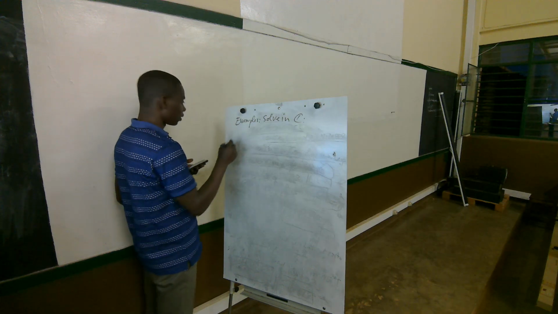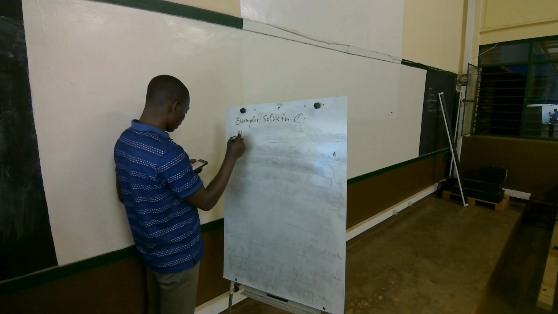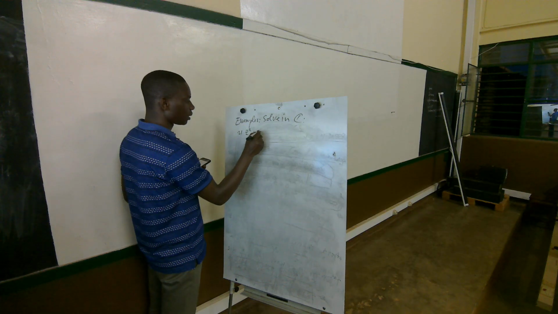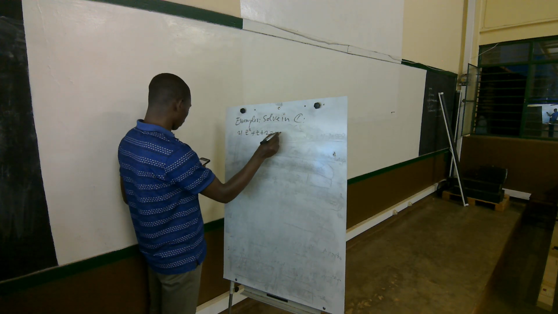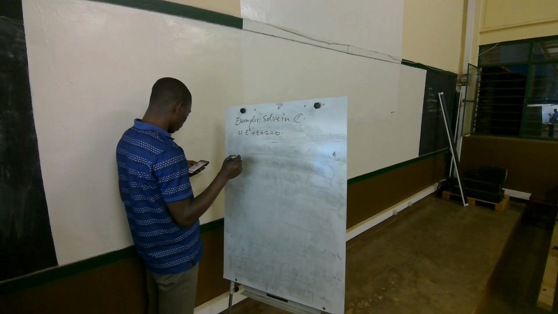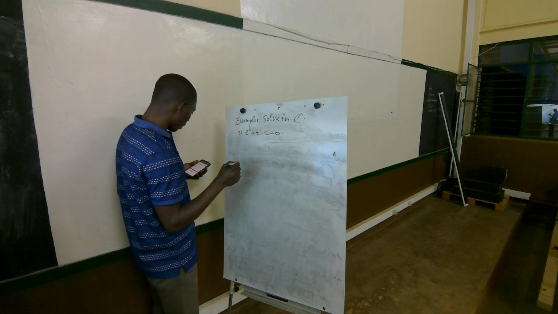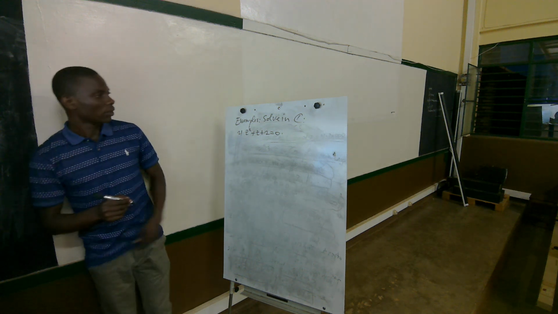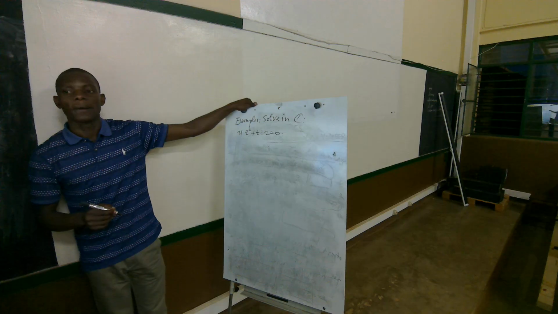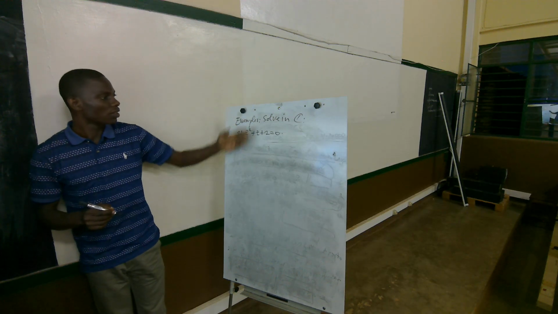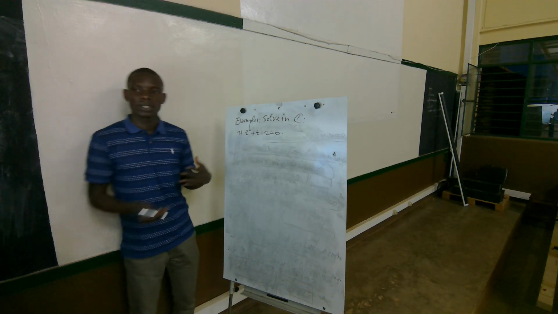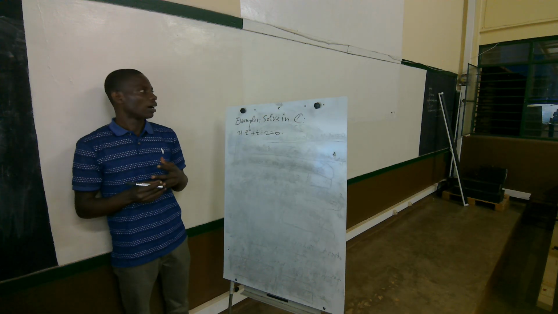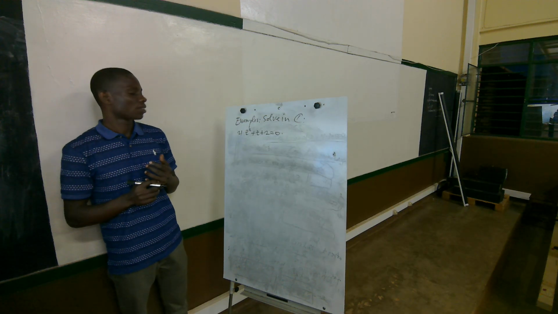The first equation is z squared plus z plus 1 which is equal to 0. Now let's try to find a solution for this equation. First you have to explore the coefficients of z and the constant c.